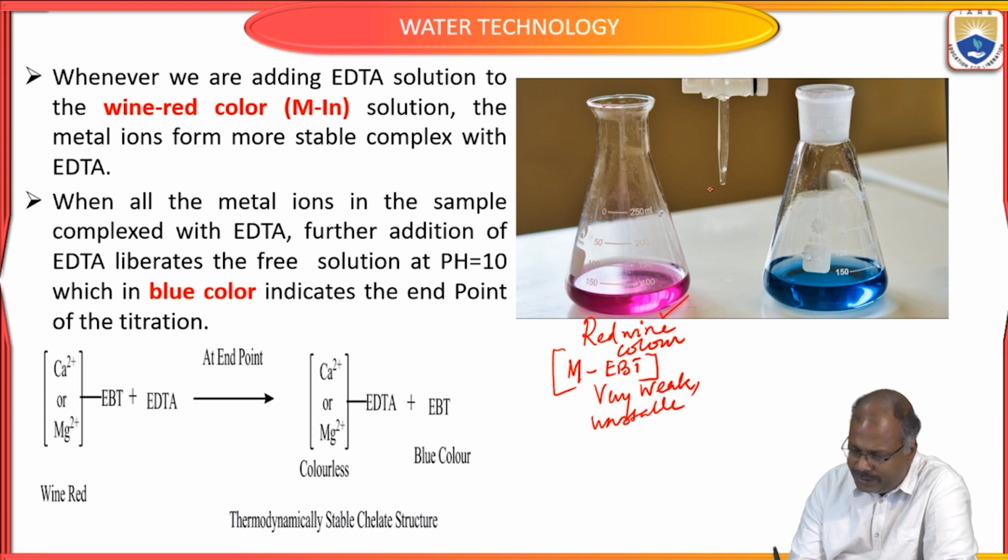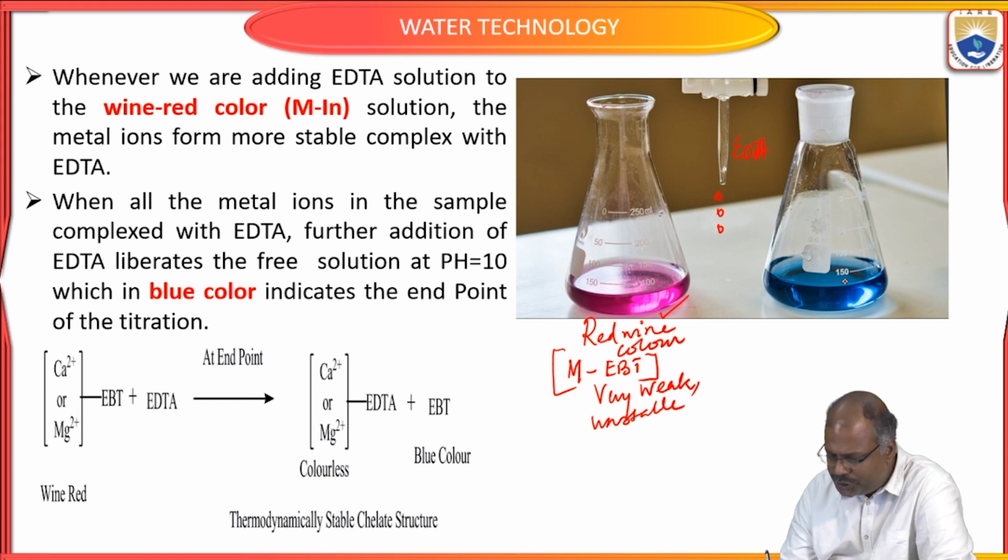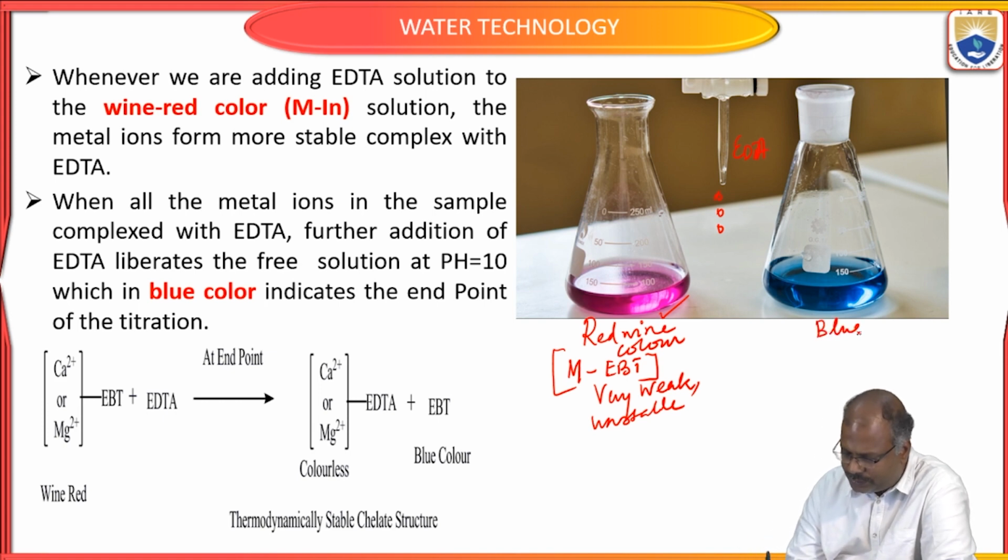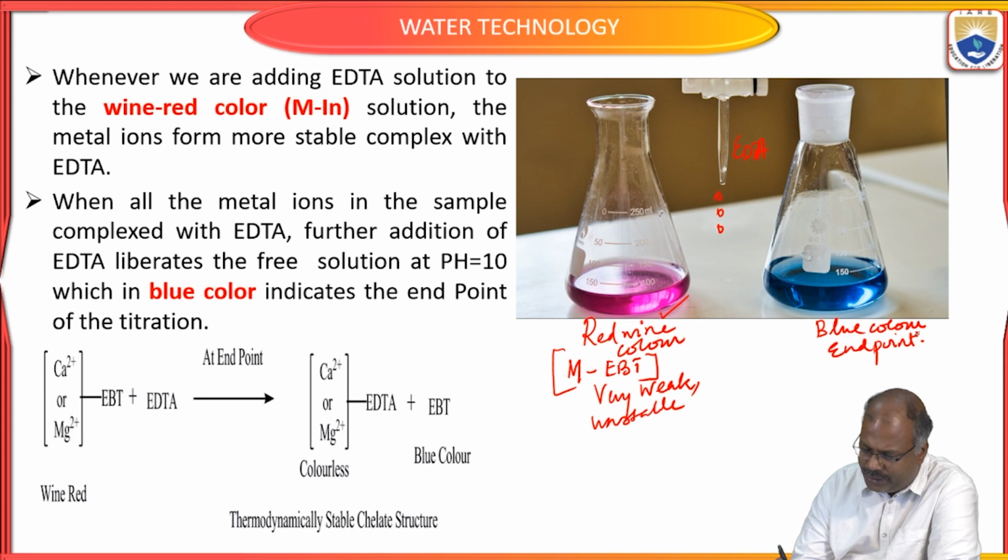So when you add EDTA from the burette to this solution, it changes to blue color. This is the end point, where all the metal combines with EDTA and EBT is released.